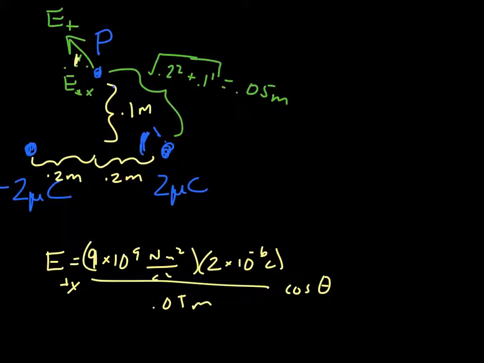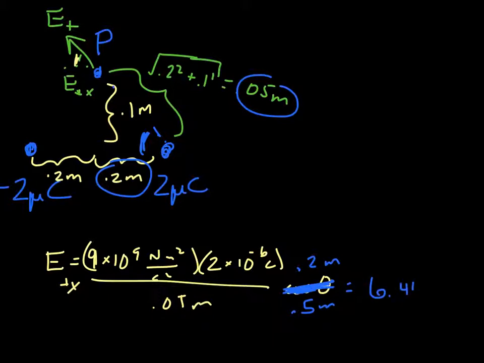Cosine is adjacent over the hypotenuse, so I'm just going to cross out this cosine and replace it with adjacent 0.2 over 0.5 meters. If I plug this in, I will get my x component to be 6.44 newtons per coulomb.